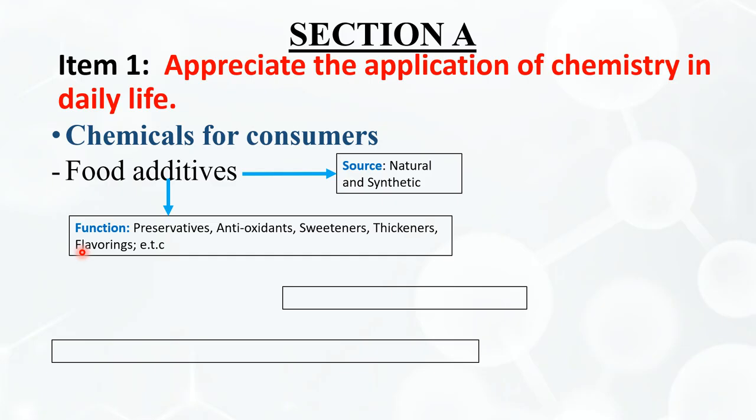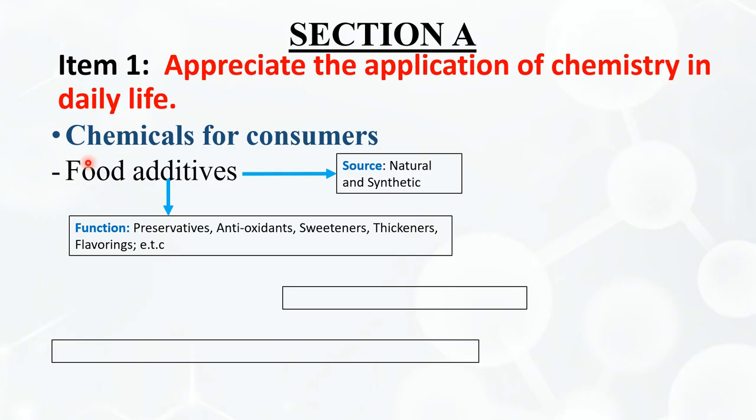You recall we say that in section A items, item 1 and 2, we're looking at the 3 areas of assessment. That is the category. Number 2, we are looking at the suitability, and the last area is the advice. So, chemicals for consumers is divided into subtopics.